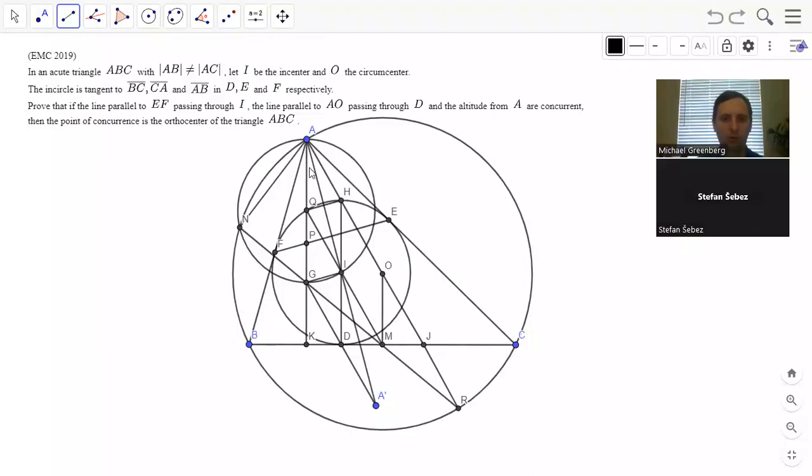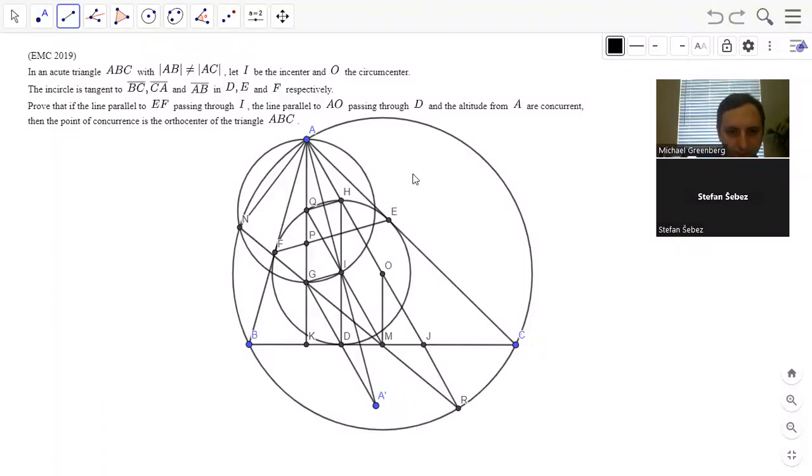Okay, so we know that QH is parallel to EF since AO and the altitude are isogonal. So QHIG is a parallelogram. So HI is equal to QG, which is half of AG. Oh, how do we know that it is half? Oh yeah, we don't. How do we know that Q is the center of that circle? That's a good point.